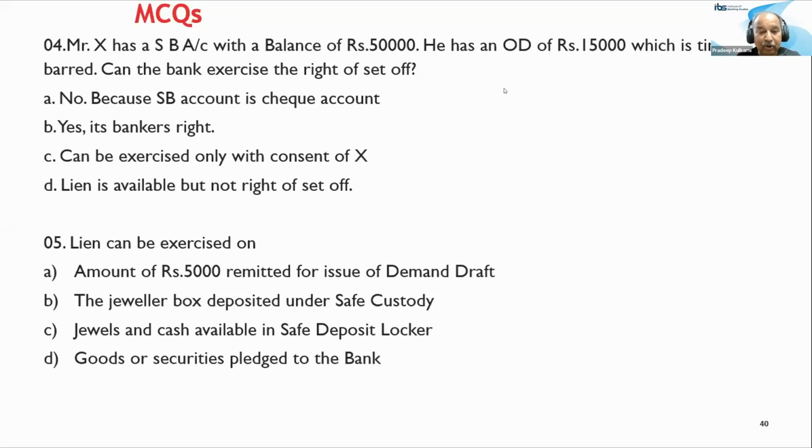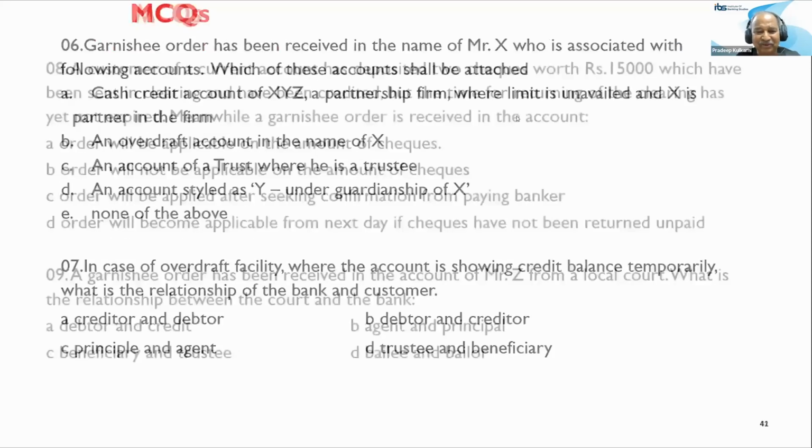Yes, you can, because banker's right to recover is not lost. Another question with regard to banker's right of set off: is it a statutory right? Lien is a statutory right, not the right of set off. Right of set off is a customary right. I think these are a few questions I thought I'd share with you.